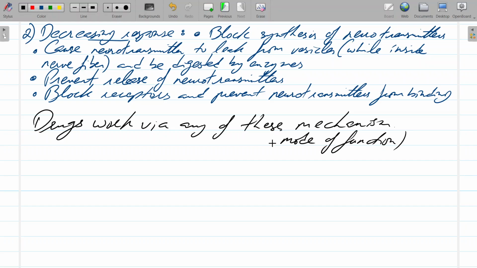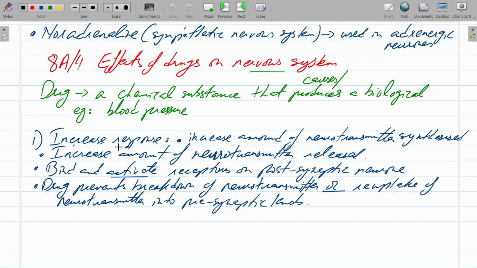And similarly, for the drugs that cause an increase in the response, they'll either increase the amount of the neurotransmitter that is being synthesized, or the amount that is being released, or the binding and activation of the receptors, or they prevent its breakdown. So any one of these, not all of them at the same time, just to be clear.